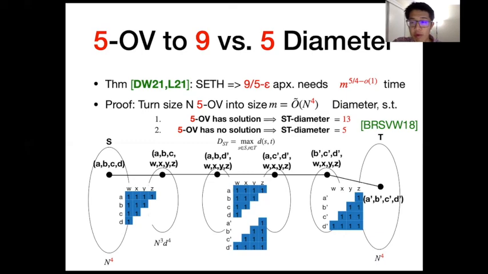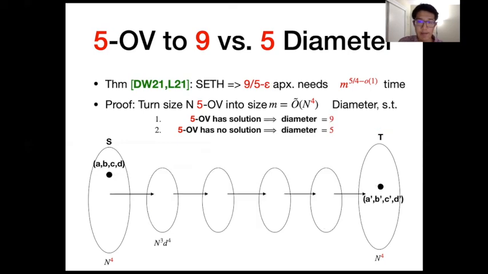One way around this, which is what BRSVW does, is to add more vertices and more edges and some cliques and some other things to somehow reduce the diameter in the no case while keeping the diameter somewhat large in the yes case. And this gives them up to a 5/3 minus epsilon hardness. So for us to get all the way up to 9/5 in the k equals 5 case, and in general up to 2, we add edges and vertices in a different way.